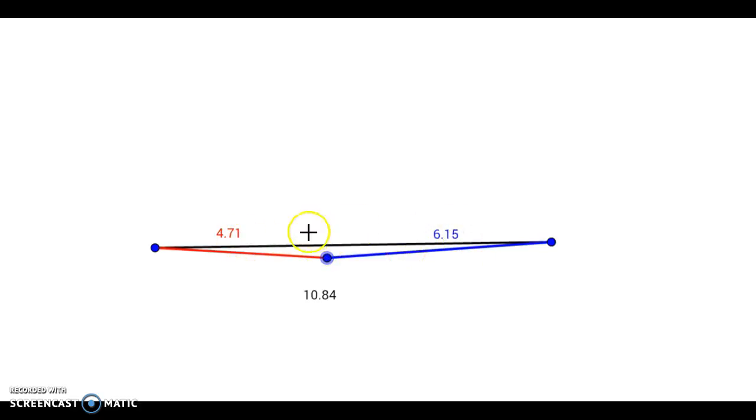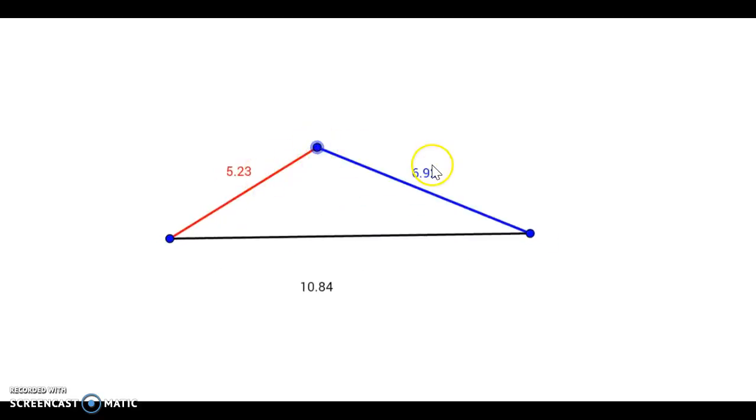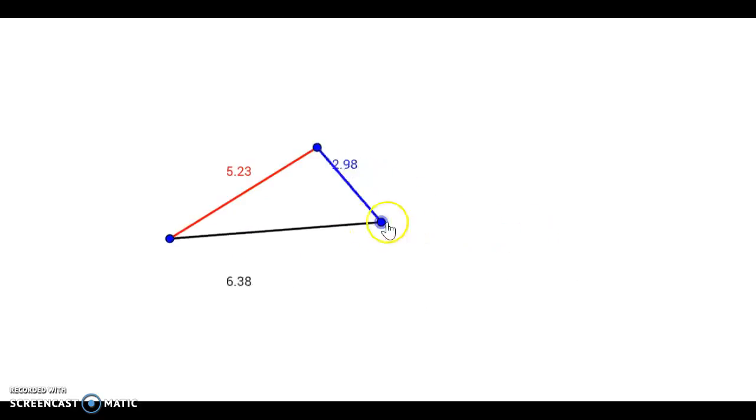And then if we look at the ones, that's 10.86. So that's bigger than this too. So the only time we can't have a triangle is when our two small sides equal the third side, or if my two sides didn't even make the whole thing. The only way you can have a triangle is if the two smaller sides are bigger than the third side. And that's the case for all of them.